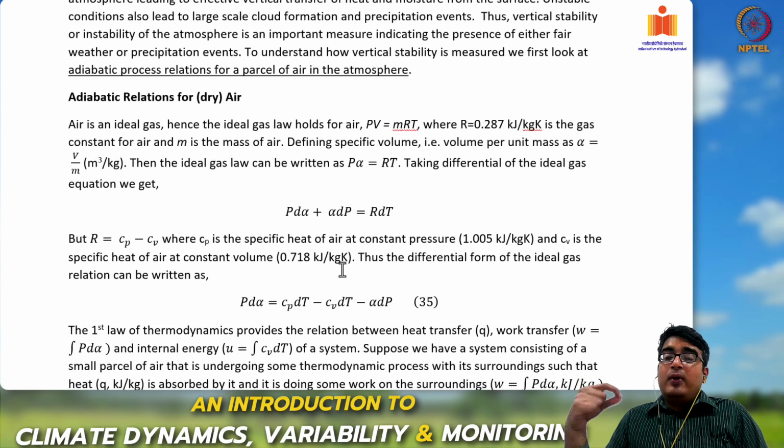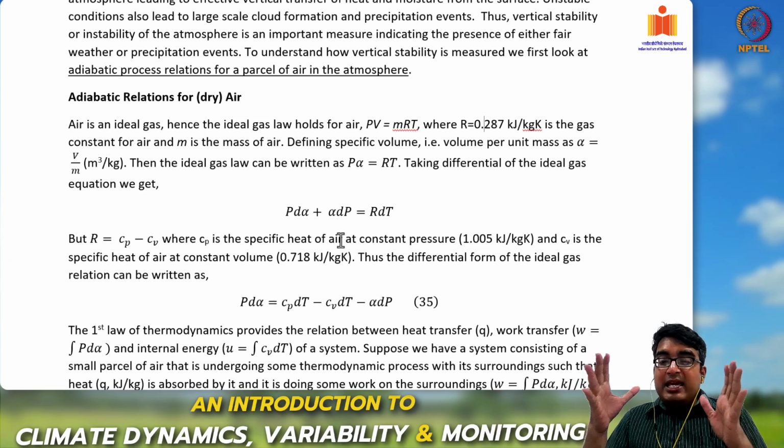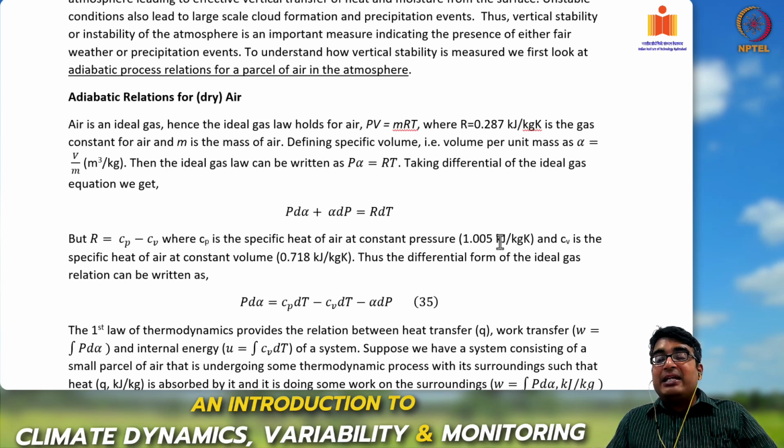So if you don't know what specific heat is, very briefly, specific heat is the amount of heat transfer required to increase the temperature of a specific mass of a substance by 1 degree. Okay. So if you take say 1 kg of air and keep it at constant pressure and heat it, it will require 1.005 kilojoules to increase the temperature of this 1 kg of air by 1 Kelvin.